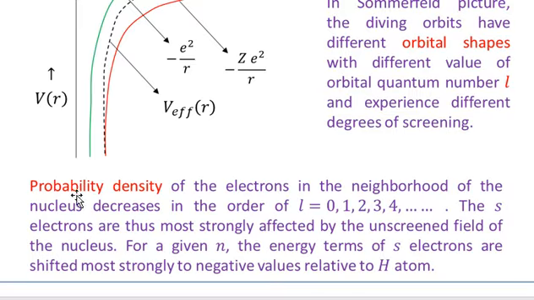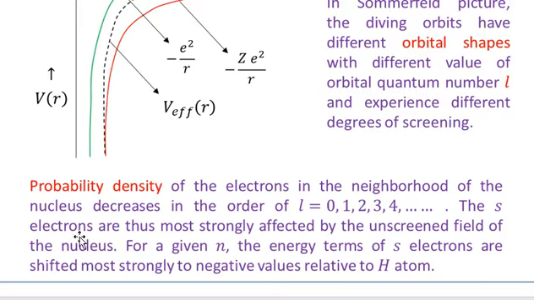So let me read again: probability density of electrons in the neighborhood of the nucleus decreases in the order of L is equal to 0, 1, 2, 3, and so on.